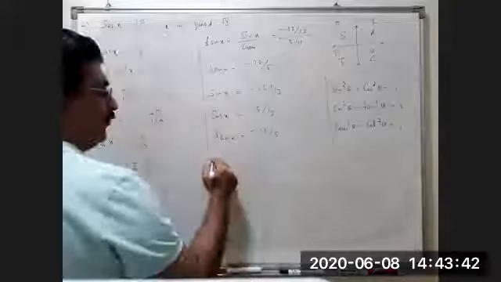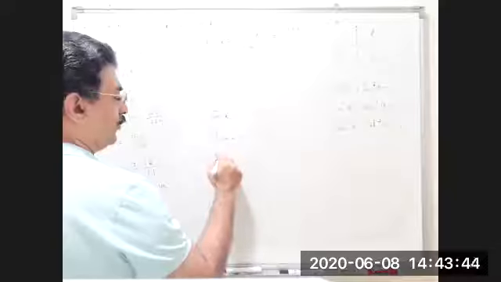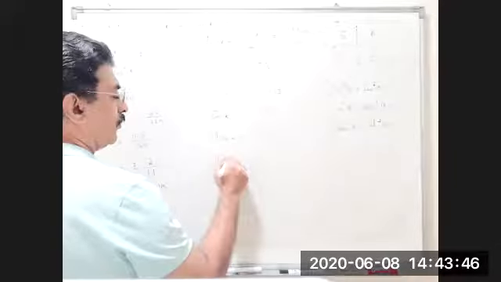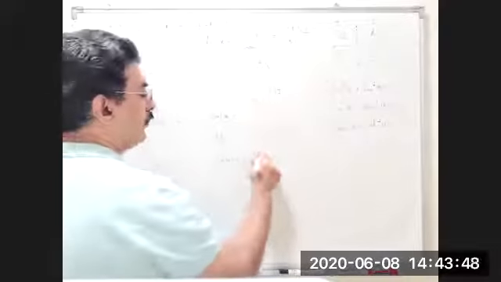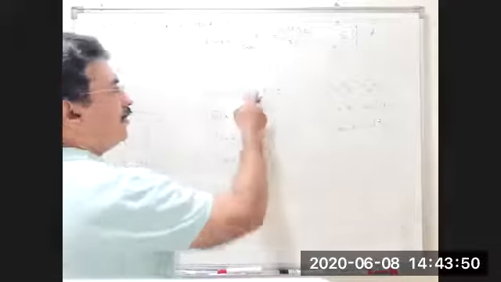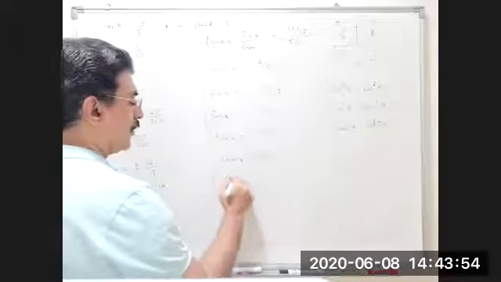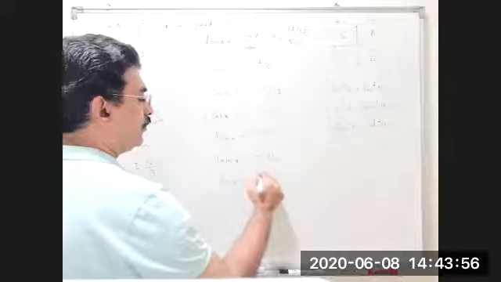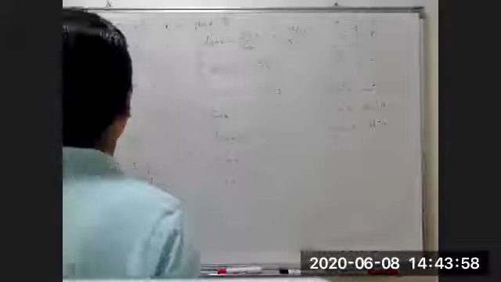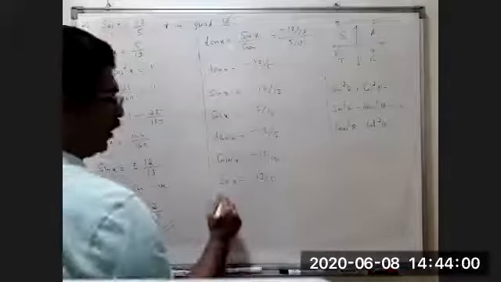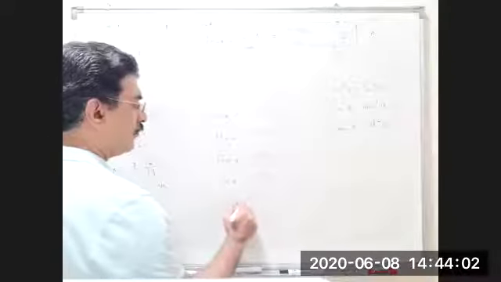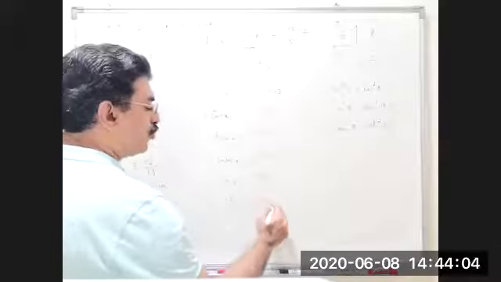Cosec x is minus 13 by 12, the reciprocal along with the same sign. Sec x is 13 by 5, that's given in the question. And cot x is minus 5 by 12. That's it.